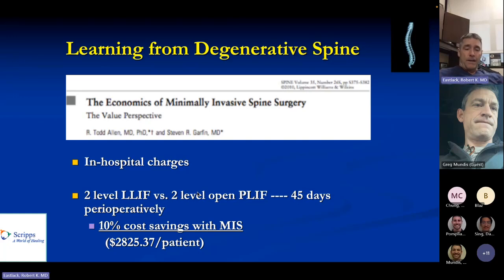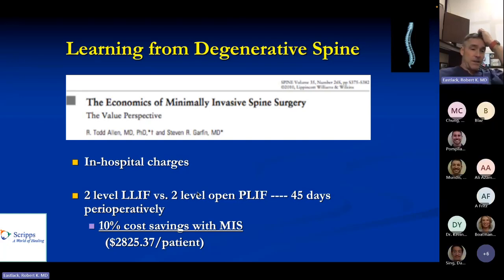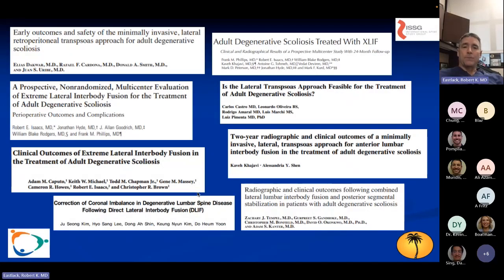We learned from degenerative spine that MIS had a role, perhaps, in reducing the overall cost of care, as Steve and Todd showed in their economics of MIS spine surgery paper last decade. So lots of work has been done.